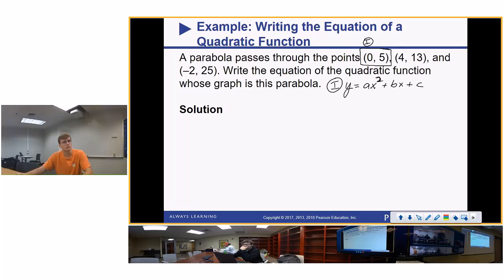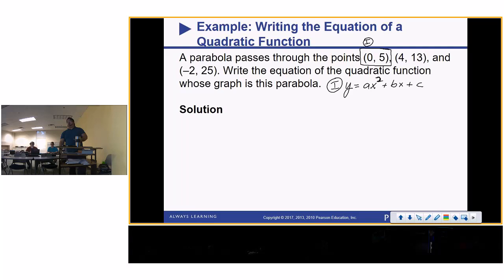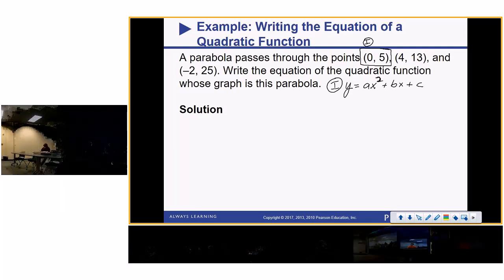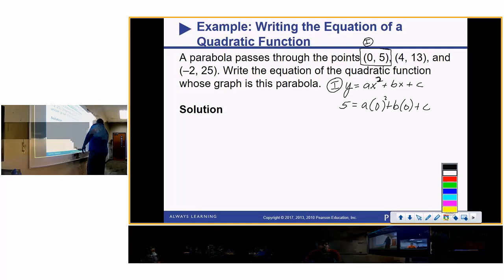All right, so plug in 0 and 5. So that's going to be 5 is equal to A times 0 squared plus B times 0 plus C. And what happens to the first two terms? 0.